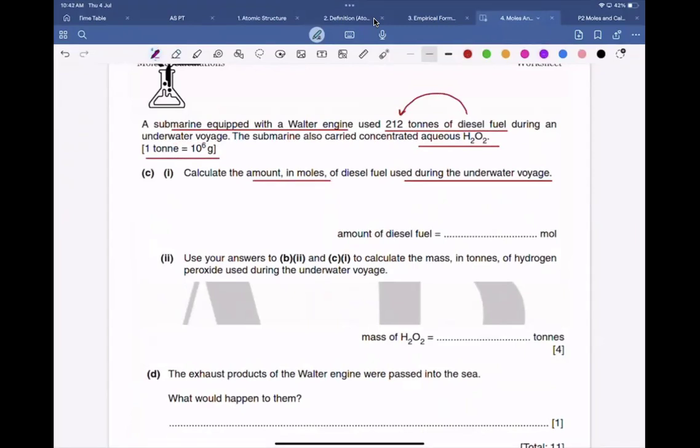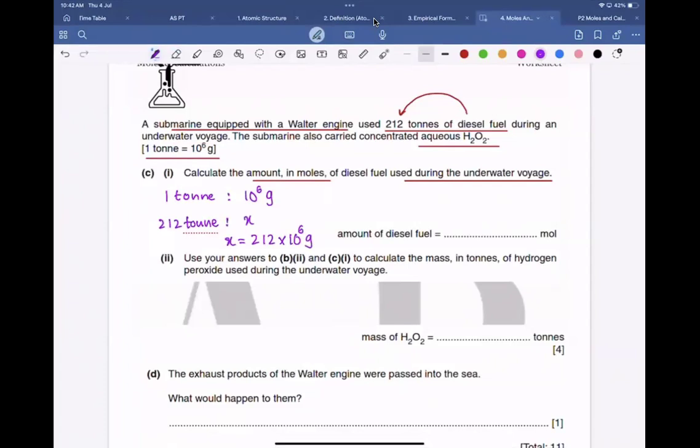First, we need to convert the tons into grams. Very good. And if I need to turn it into grams, I can make the ratio that 1 ton is equal to 10^6 grams, right? Yes. So if I have 212 tons, then how many grams would there be? X grams. So if you calculate it, you are going to get 212 times 10^6 grams, or 2.12 times 10^8 grams.